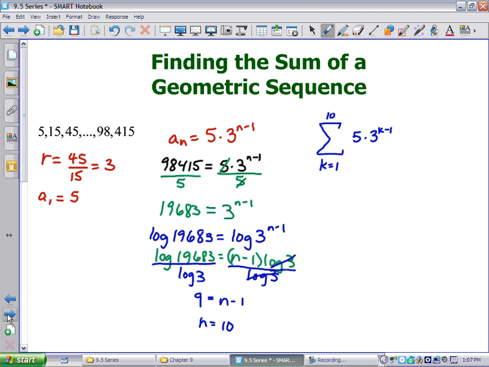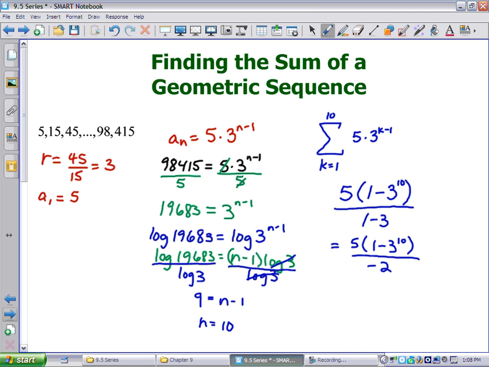All right, so if we look at the formula, it says you take your a sub 1, which is our 5, multiply that times 1 minus r, and r was 3, to the power of n, and that was 10, all over 1 minus 3. Okay, so this comes out to be 5 times 1 minus 3 to the power of 10, all over negative 2.